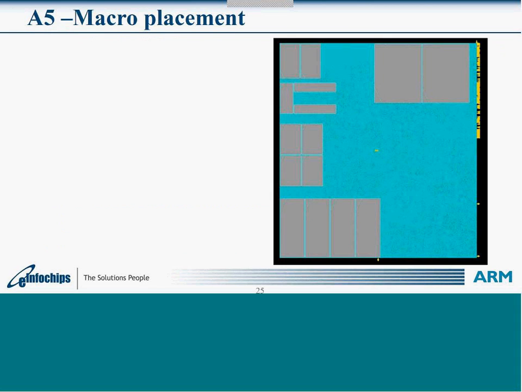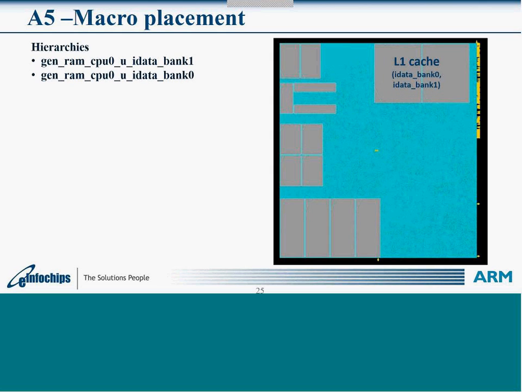A5 macro placement. We have placed the different macros, and the ports are placed on the right upper side. The reason is that when we looked at the top level of the chip, the placement of this A5 and the other blocks dictated the port placement.